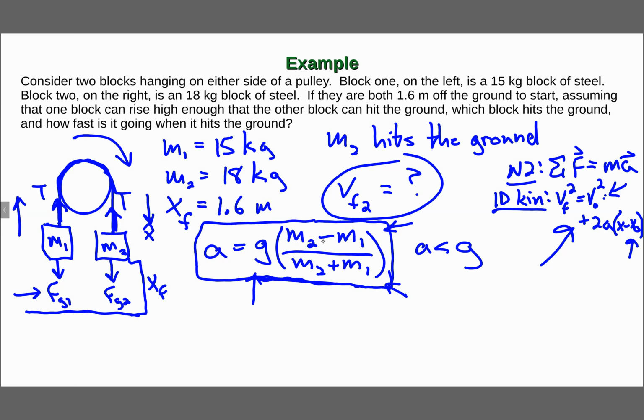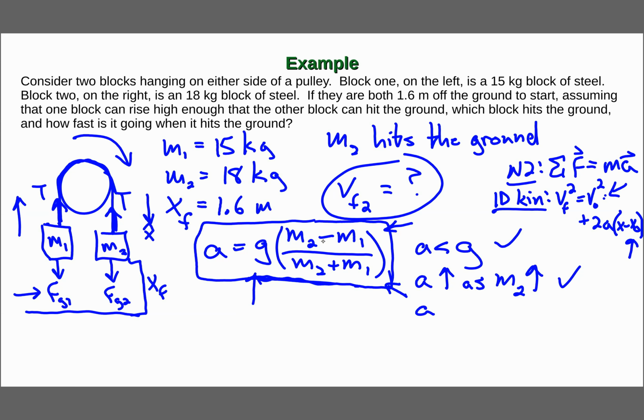The other thing that we notice is that a gets bigger as m2 gets bigger, okay? So as we make m2 heavier, if we keep m1 the same, we get a bigger acceleration. And that makes sense, right? If we make the difference between masses of the two blocks bigger, we get a bigger acceleration. That's good, but always still less than g.